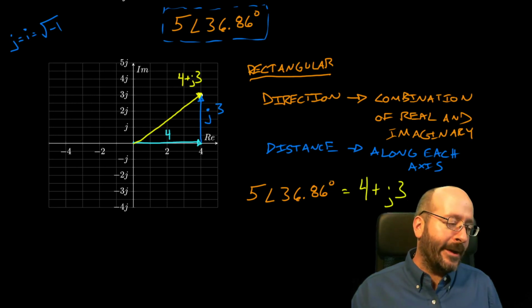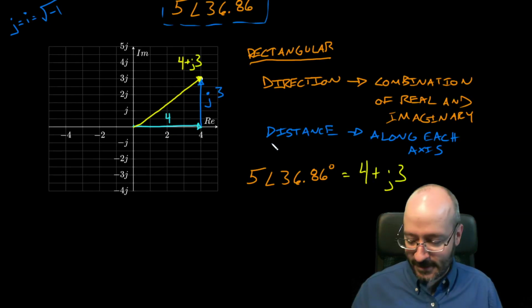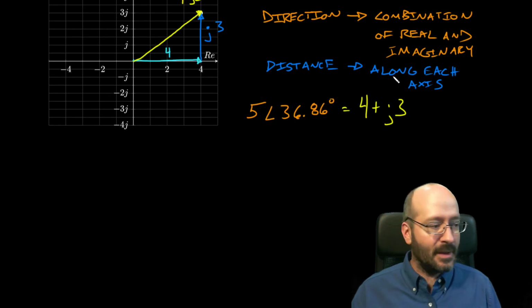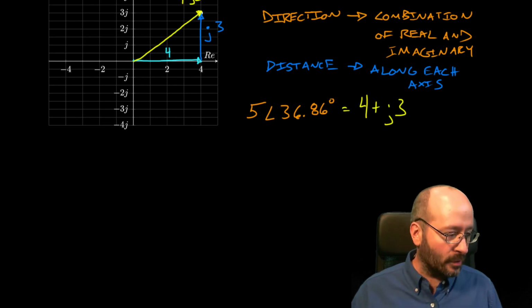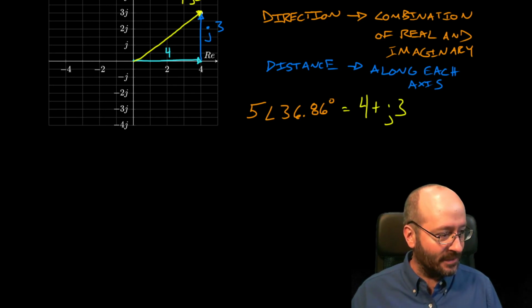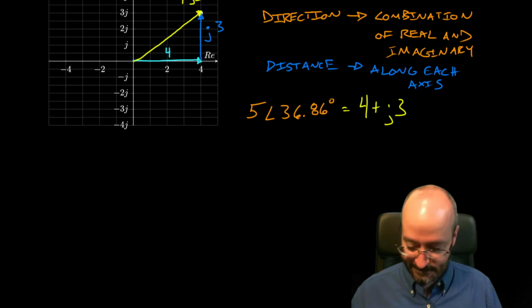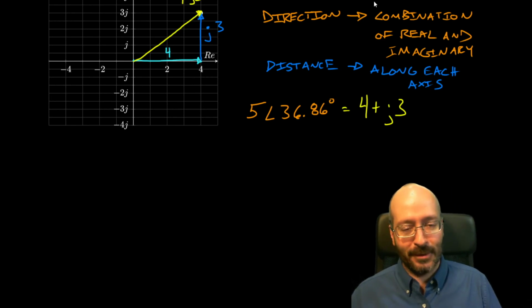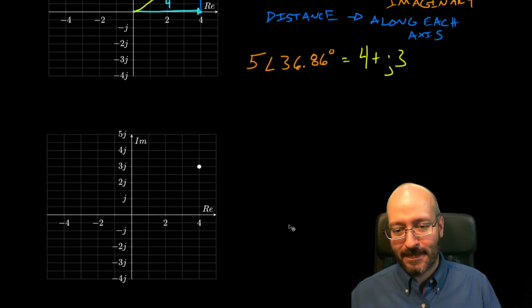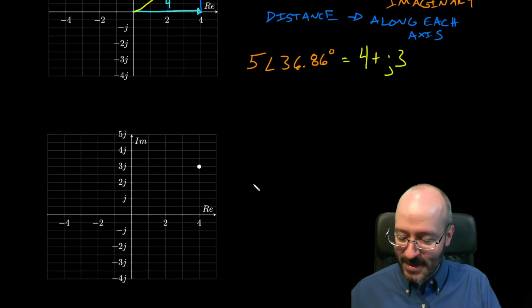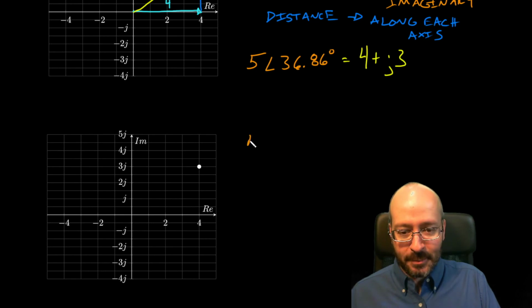The third way that we can represent this number is related to polar form, but your calculator uses it. Well, some of your calculators use it. You TI-84 folks, you're in for a world of hurt. This form is called exponential form.